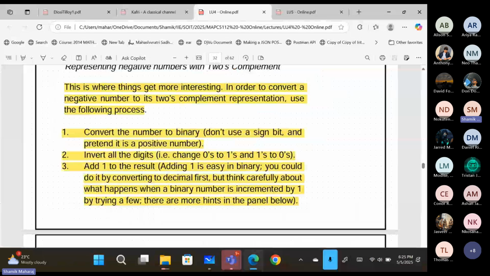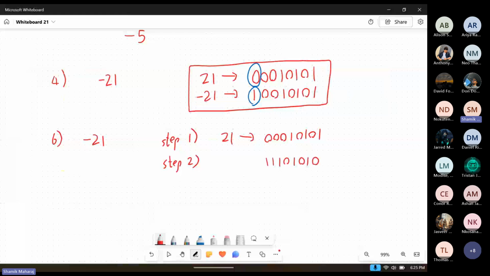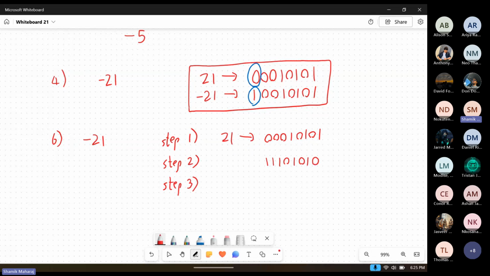Okay, so again, I might have shown you guys more than one method to do this. This is an easy one to do. We can just do it by looking at it, but I'm going to show you the other method as well. Adding 1 to this number, I'll write it like this: 1, 1, 1, 0, 1, 0, 1, 0, plus a binary 1 would look like 1, but we want it to be an 8-bit binary number.